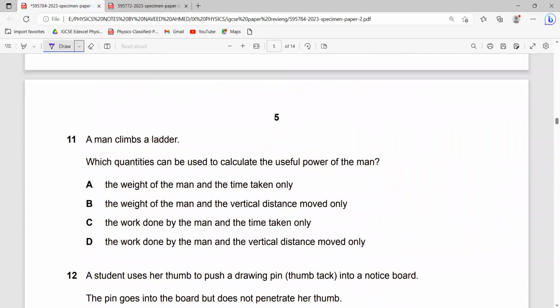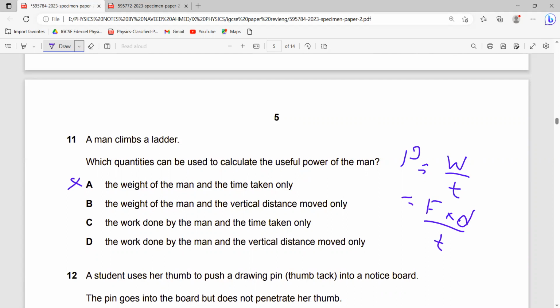In question number 11, a man climbs a ladder. Which quantities can be used to calculate the useful power of the man? We are going to use the formula power is equal to work done over time, or energy over time. Weight of the man and time taken only is not possible, because power can be written as force times distance over time, where force can be taken as weight, but distance is also needed.